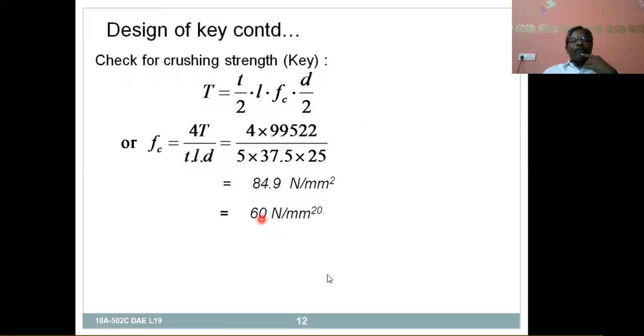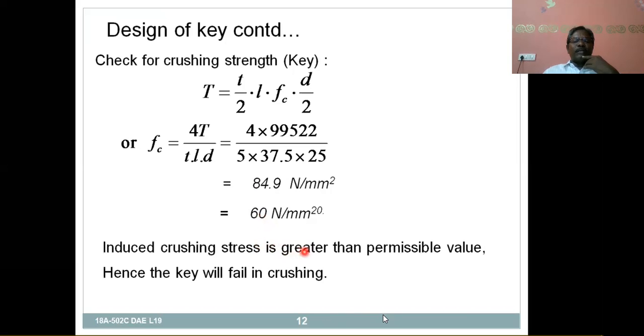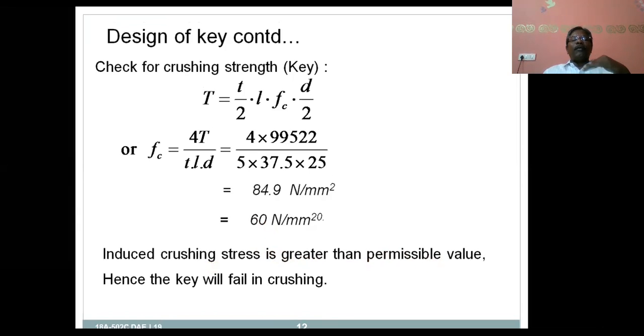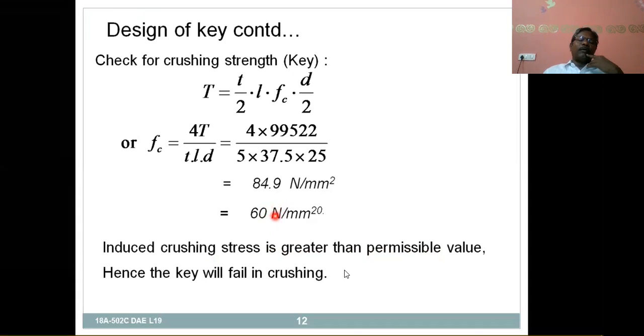But whereas the permissible value is 61 Newton per millimeter square. Induced stress is greater than its permissible value, and the key may fail in crushing. The key may fail because it is 84.9 whereas it is 61. That's why the design is not safe in case of the key.